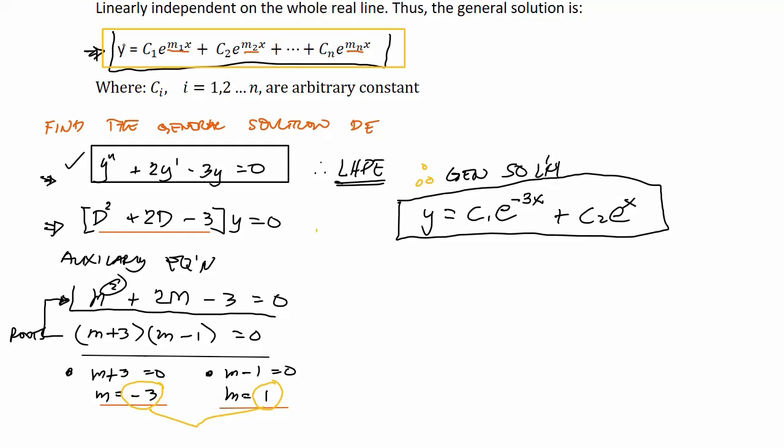We substitute them into the general solution: y is equal to c sub 1 e raised to the first root times x plus c sub 2 e raised to the second root times x. So now, this is the general solution for this given higher order differential equation.